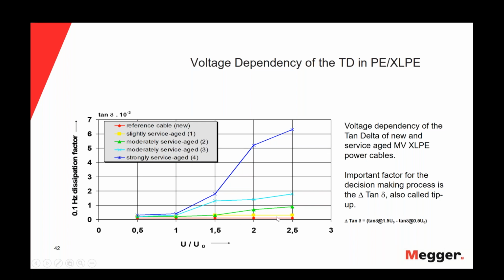But if we look at the strongly service-aged cable, the blue one, you can see how, as we increase the voltage, the dissipation factor increases. So, of course, we know that there is a voltage dependency of the tan delta for PE and XLPE cables. As we increase the voltage in very aged cables, we have an increase of the tan delta.